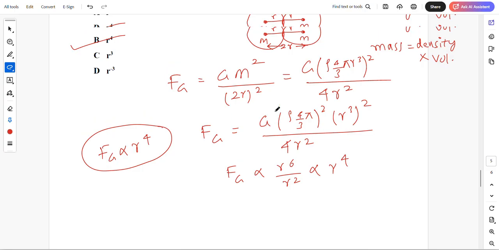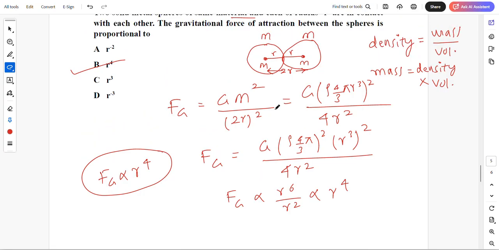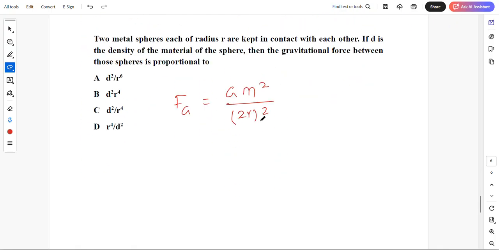Here density is given as d in this problem. G m square divided by 2r the whole square. Now G into density, given as d, that is 4 by 3 pi r cube the whole square divided by 4r square.